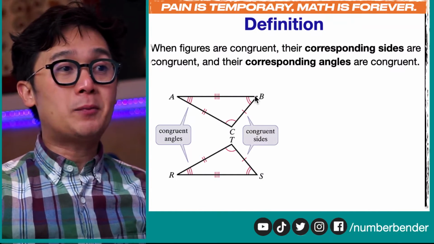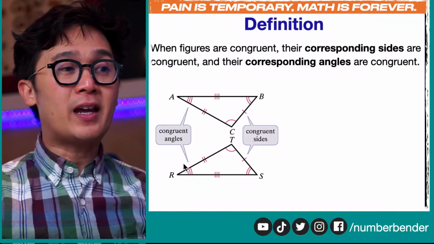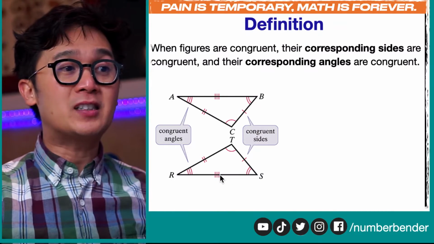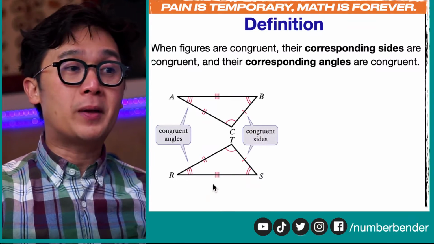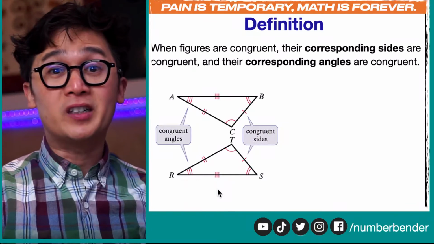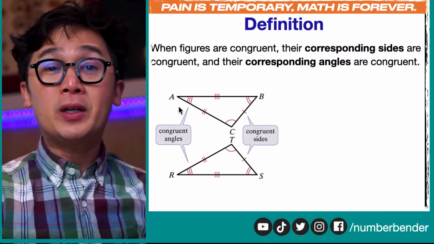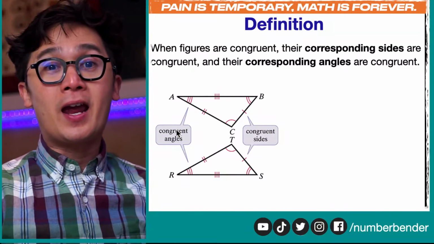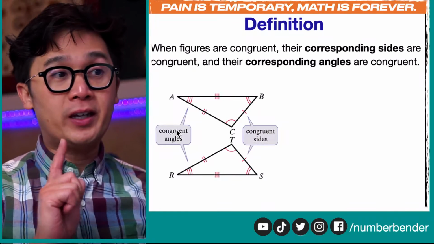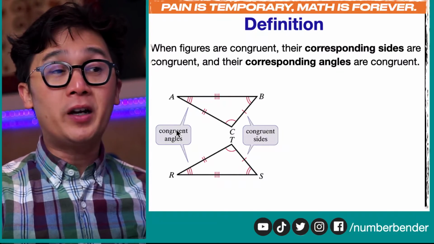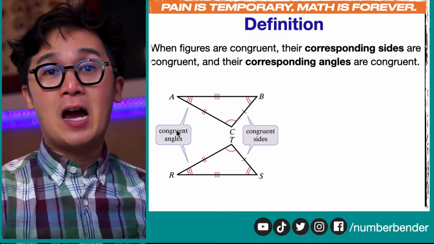Line segment AB has three lines and line segment RS has three lines, so they are also corresponding and congruent. That's how we denote congruency and corresponding parts of our triangles, by looking at the notations and markings in our figure.